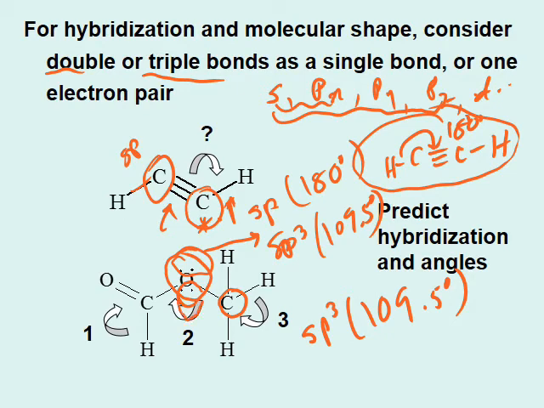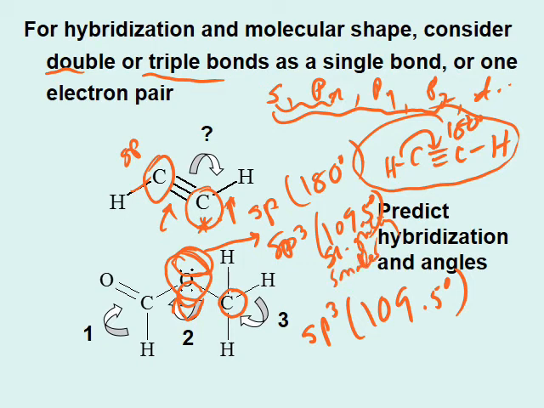So this angle would be 109.5 degrees, but to be more accurate, since we have 2 unshared pairs of electrons, they squeeze the angle to a smaller value. So we say slightly smaller.